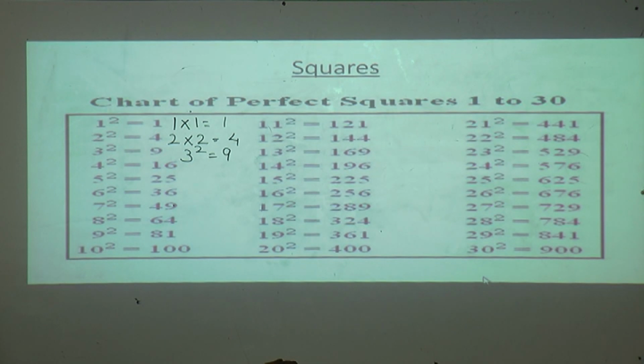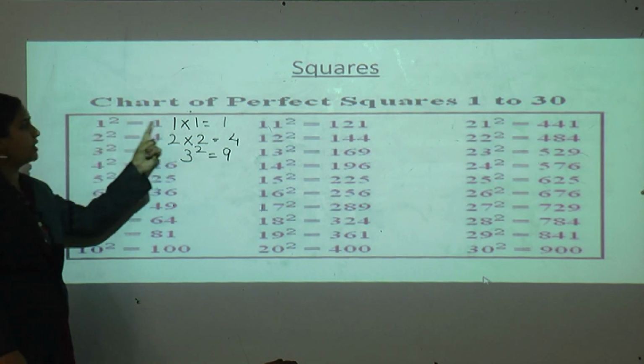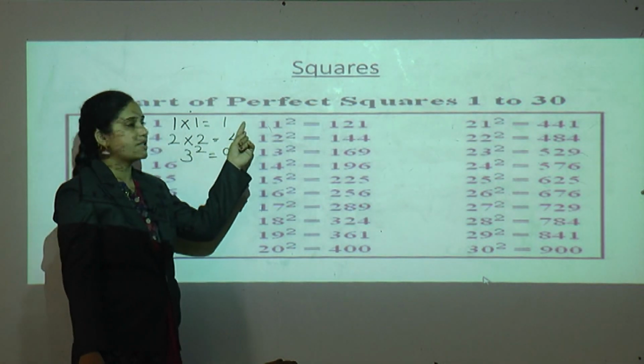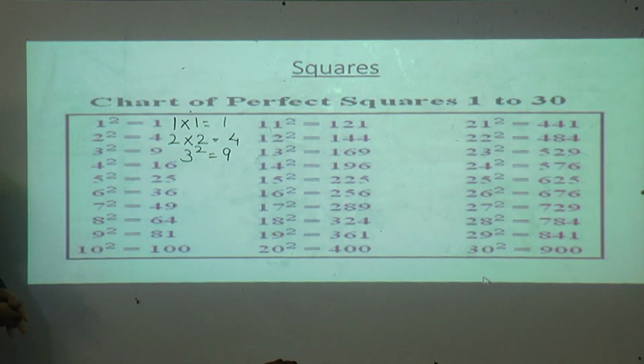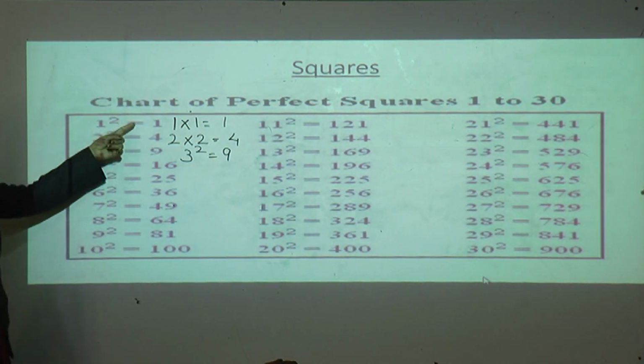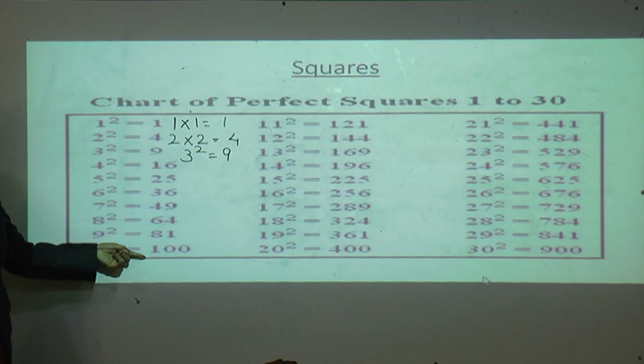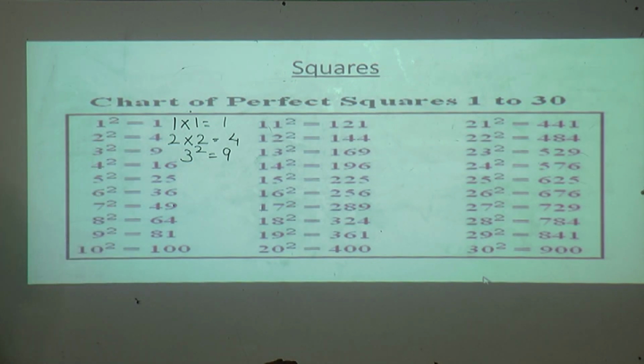That means all of you understood what is meant by squares. Squares means when we multiply one number by itself, the answer is the square of that number. So you should learn this very well. It will be easy for you for solving the pattern sums.